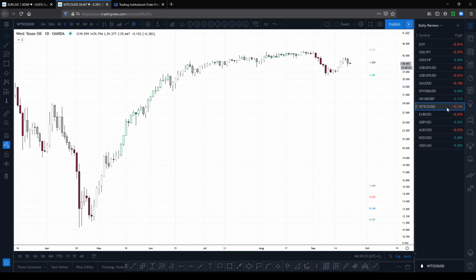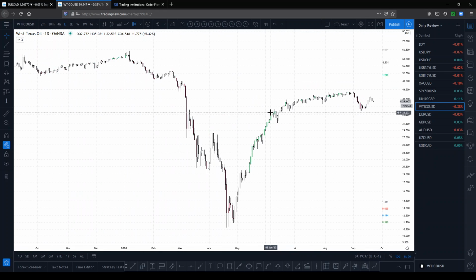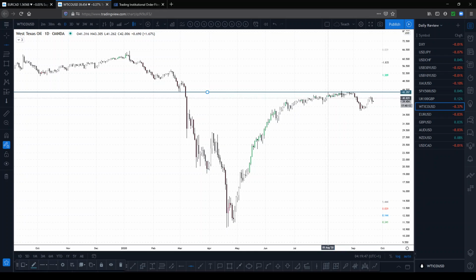All right, so looking at crude oil, just bringing the chart in, it just seemed to lose all impetus up into this whole area up here. It just seemed to not be able to get above that price. It's fallen away.